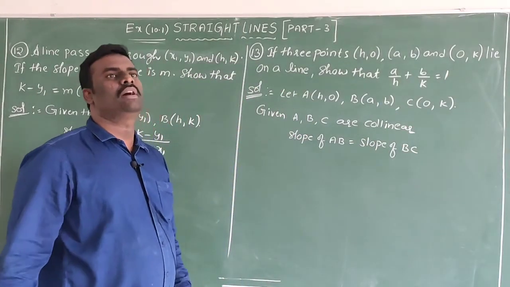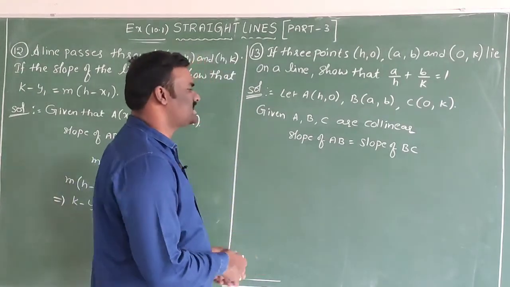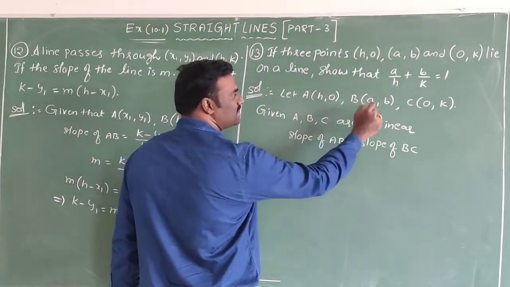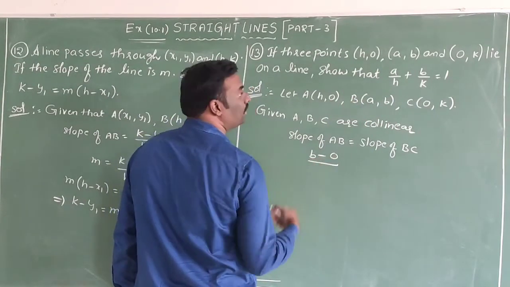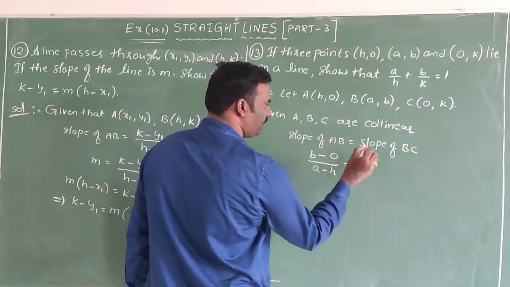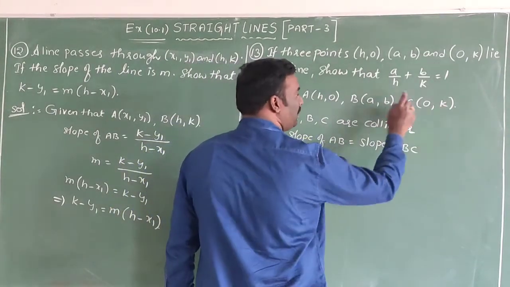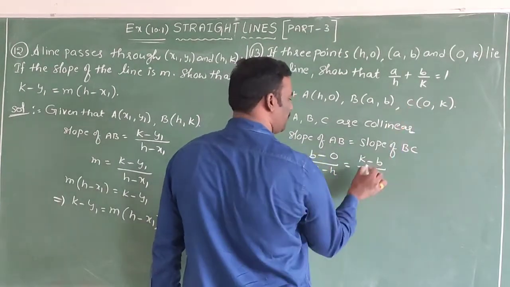What is the slope formula? y2 minus y1 by x2 minus x1. First I am finding slope of AB, that is nothing but b minus 0 by a minus h. Next, BC slope, k minus b by 0 minus a.